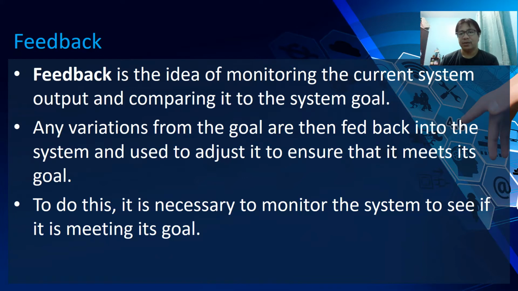Now, what is a feedback? So, feedback is the idea of monitoring the current system, ang ginagamit na, system output and comparing it to the system goal. Okay. So, mostly, feedback is one of those reasons that the system is improving or ga-evolve.